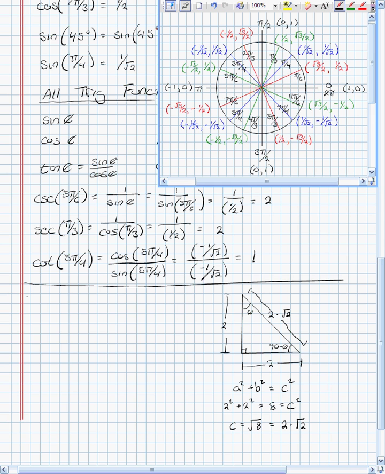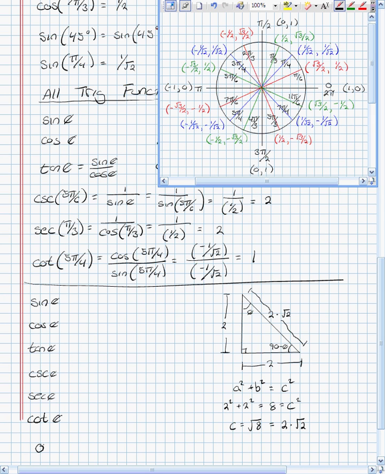We're asked to find what the sine of theta is, the cosine of theta, tangent of theta, cosecant of theta, secant theta, and cotangent theta.